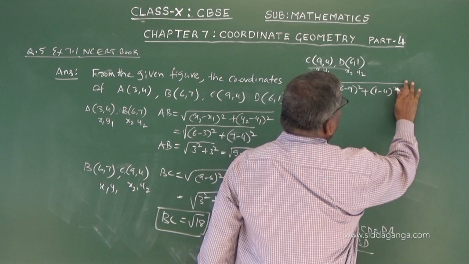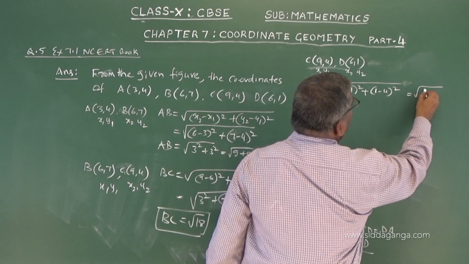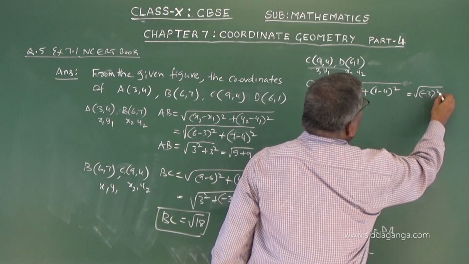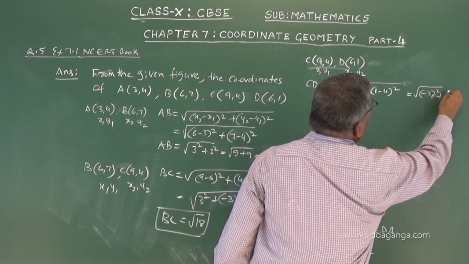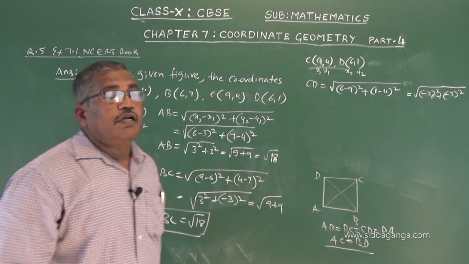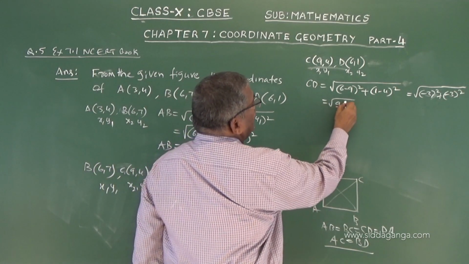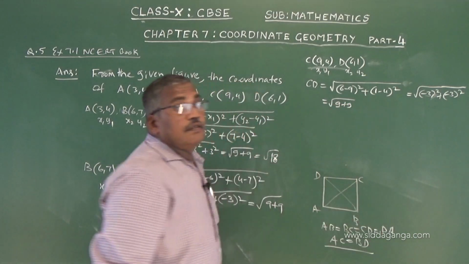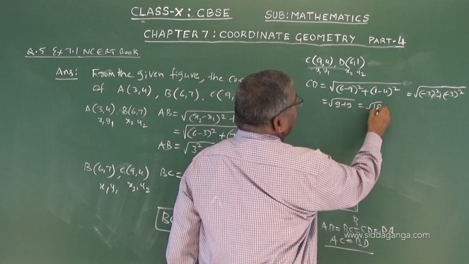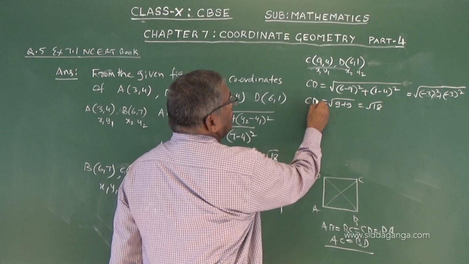On simplification you get square root of (minus 3) whole square plus (minus 3) whole square. Minus 3 whole square is 9, so square root of 9 plus 9 again. So this is also equal to root 18. CD is also root 18.